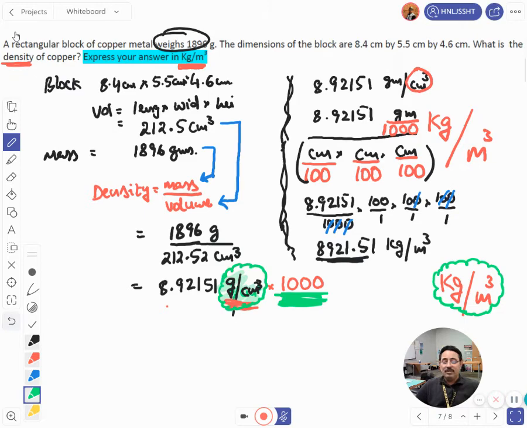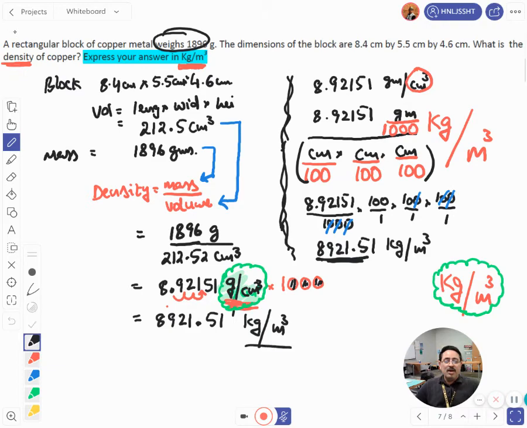As simple as that. You can use a calculator, or when a decimal number is multiplied by 1000, which contains 3 zeros, the decimal should move to the right by 3 places. Then the answer is 8921.51 kilograms per cubic meter. Once again, you do not have to compute all these things.